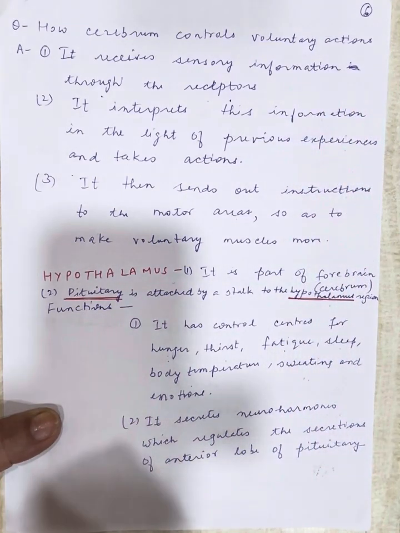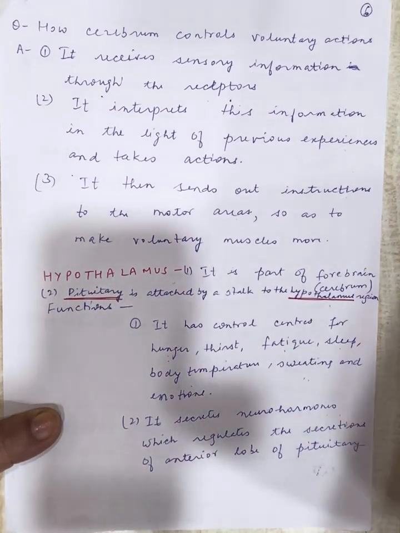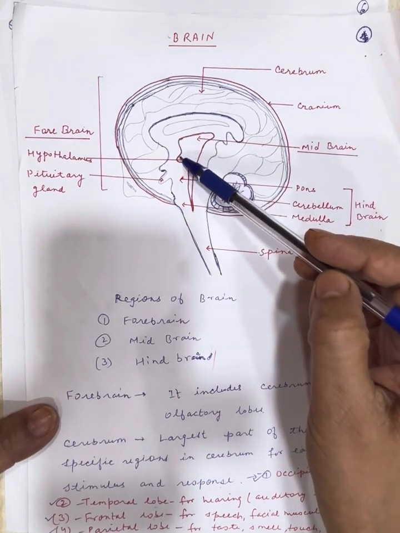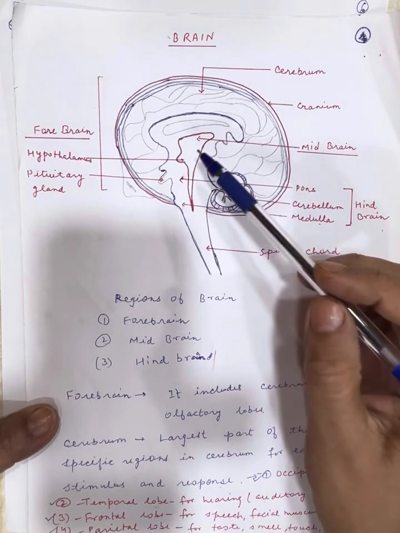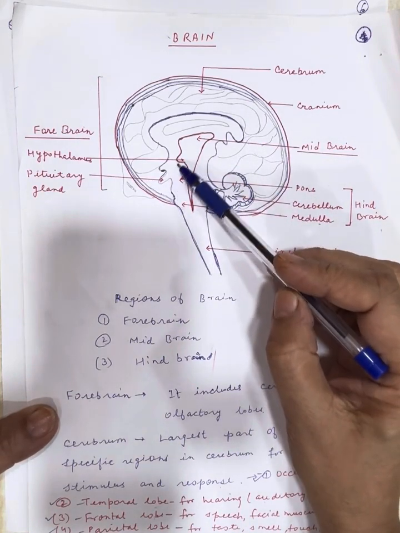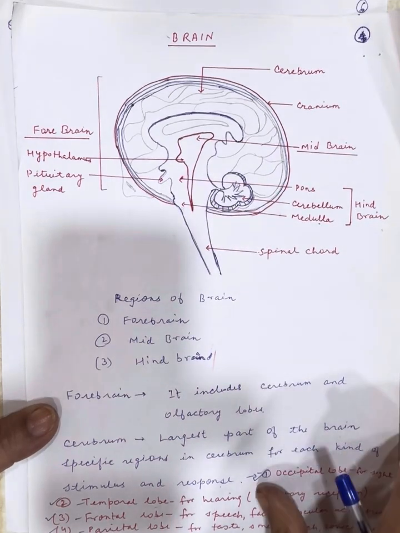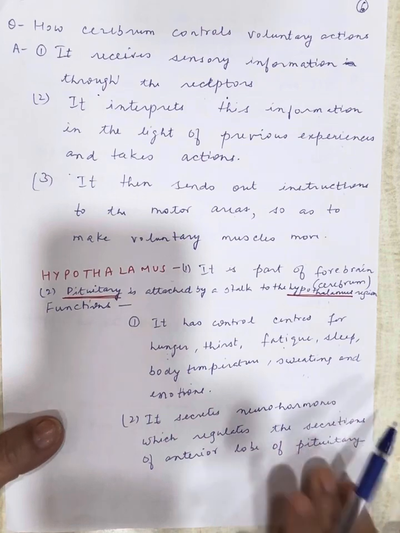And the next part is the hypothalamus. It is located here. You see, this is the hypothalamus. This hypothalamus is connected by a stalk with the pituitary gland, so we will be discussing that here. The hypothalamus is also very important.